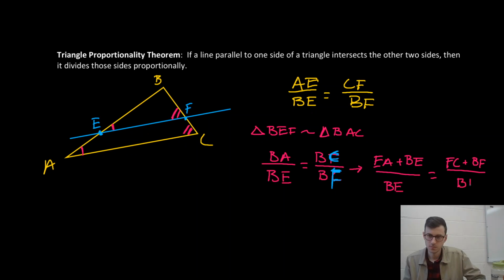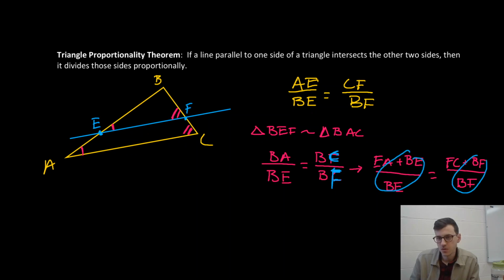Now, does this look like anything to you? Think back to our properties of proportions. This right here should make you think of the addition property, right? Let's maybe just write it out a little bit.